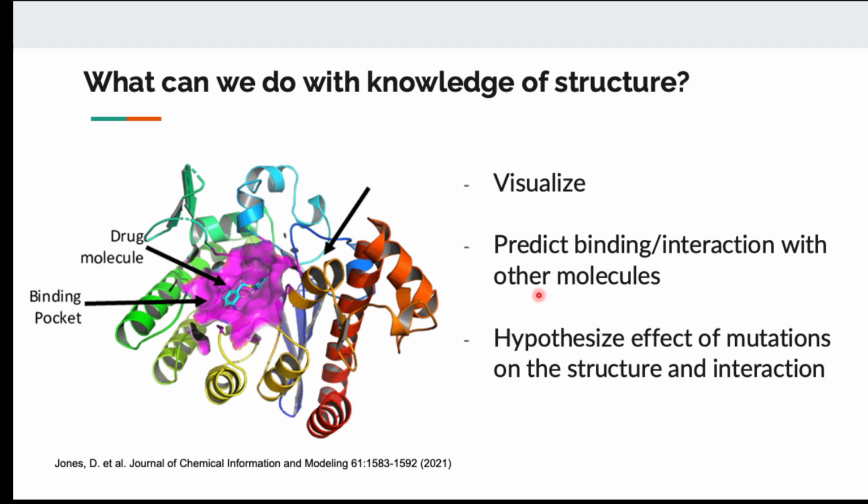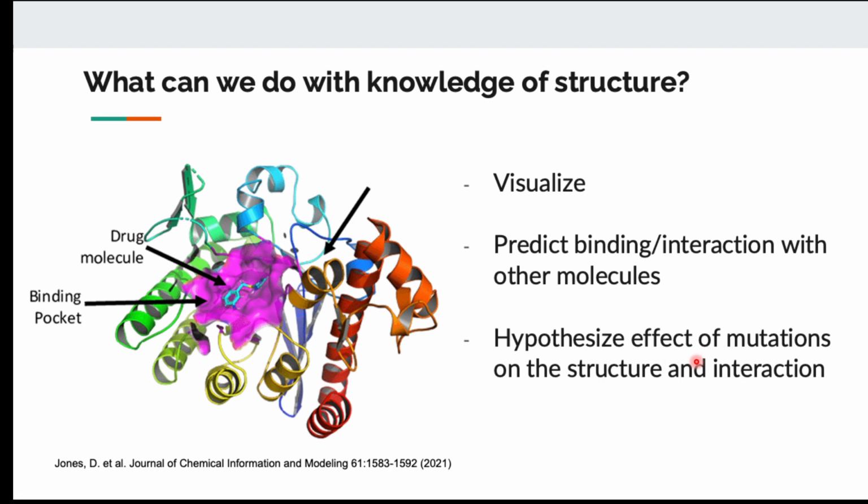So knowing the structure allows us to also predict binding and interaction between proteins, between drugs, between RNA. Because once we have the structure, we can imagine where they can fit together. We can try to identify a pocket in the protein that may accommodate these drug molecules by looking at the 3D structure.